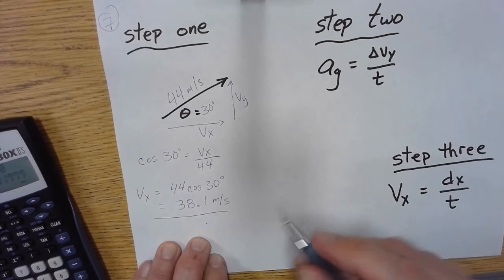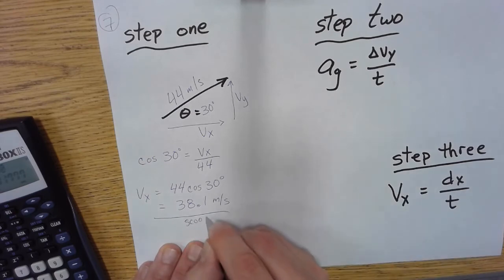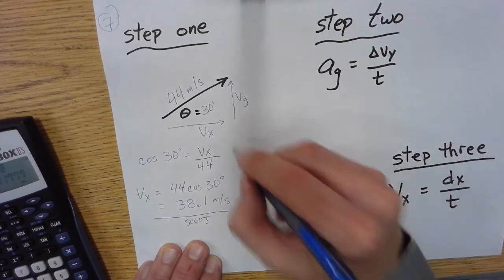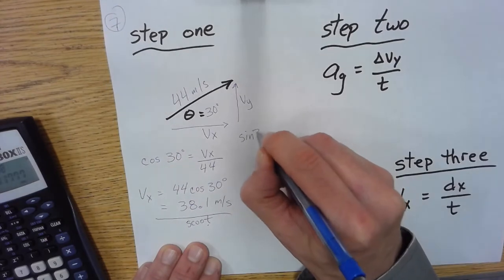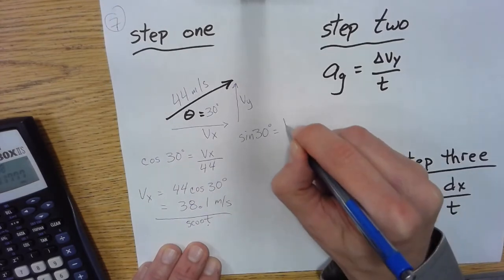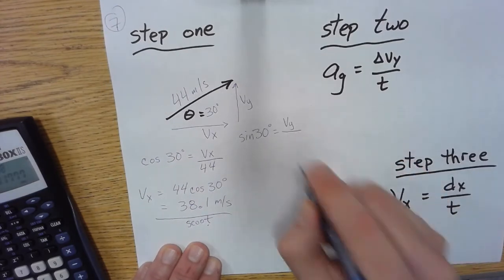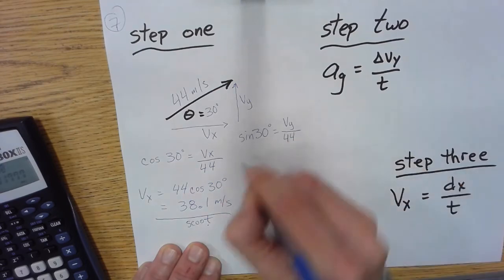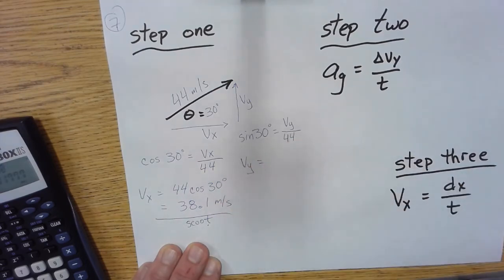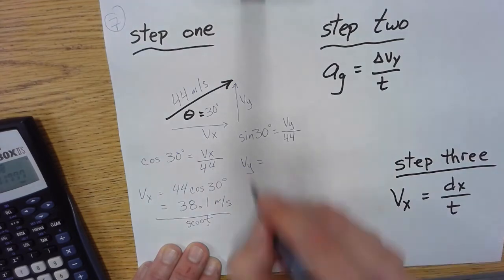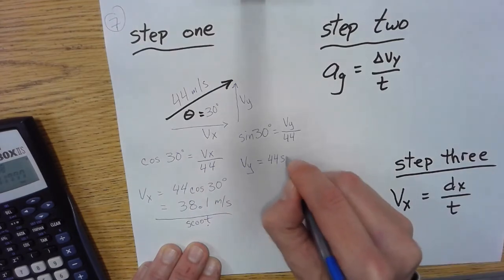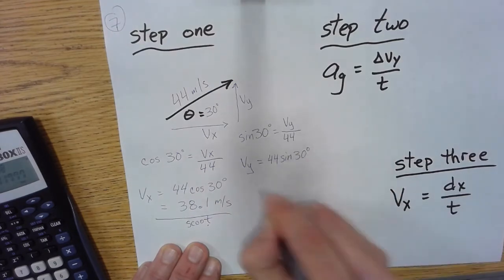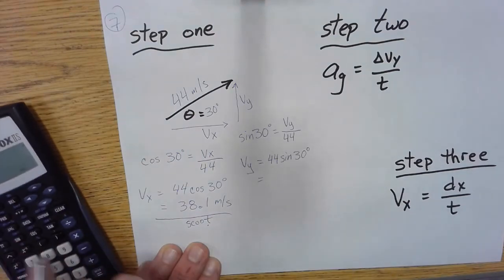All right. So, yep, I'd like to remind myself, scoots along. We can use the sine. It's the opposite over hypotenuse. And just punch it in.